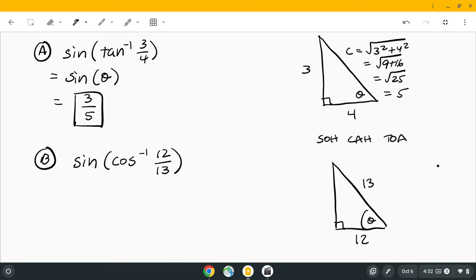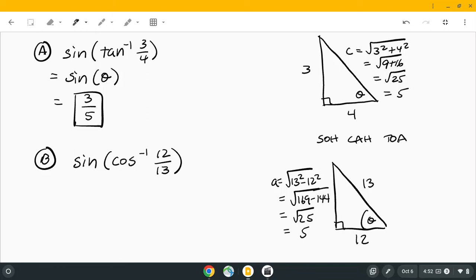Okay, so this side is going to be, maybe I'll call it A. Okay, so A is 13 squared minus 12 squared. This is just Pythagorean theorem. 169 minus 144. And this looks like it's going to be square root 25 again, so 5.